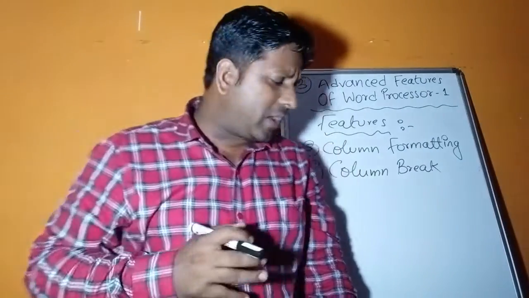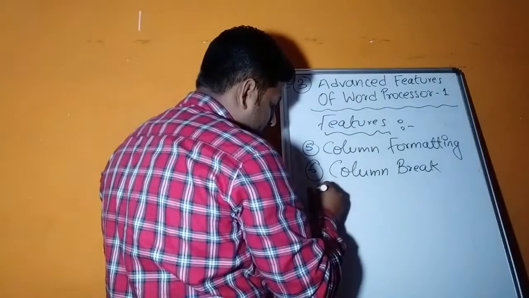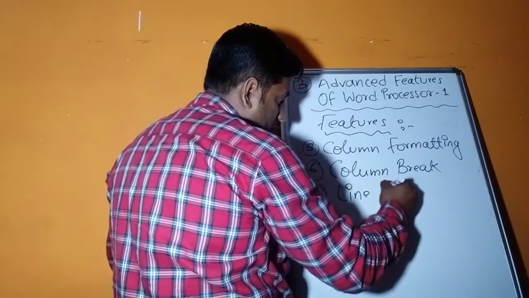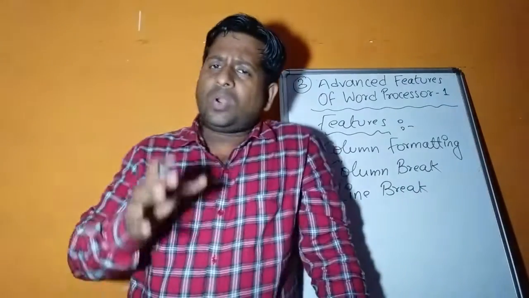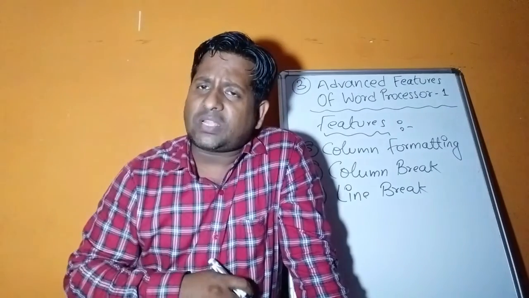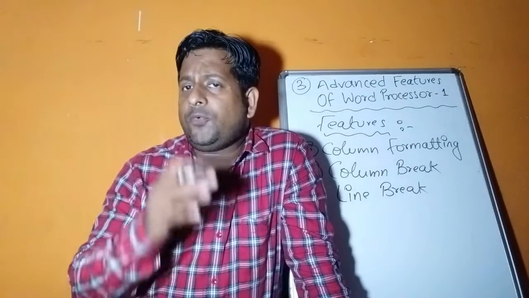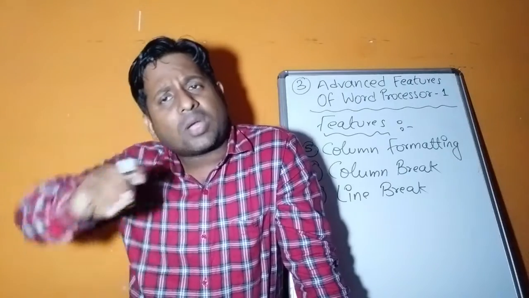Now in the same way we have line break also. Now what does line break do? Suppose you have one big sentence with maybe 10 words, and you think that after 3 words the next part should come in the next line.